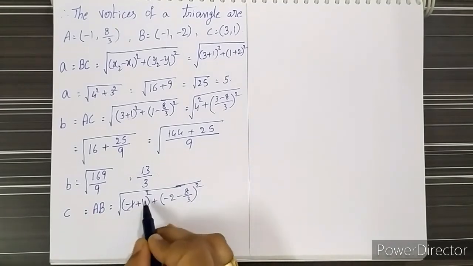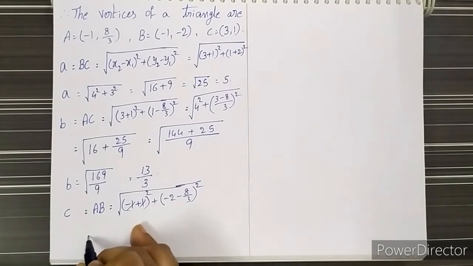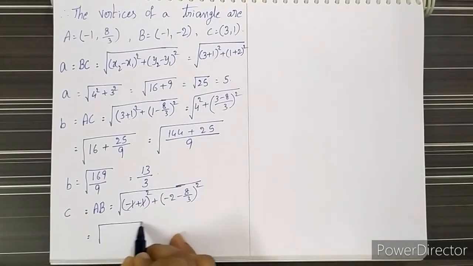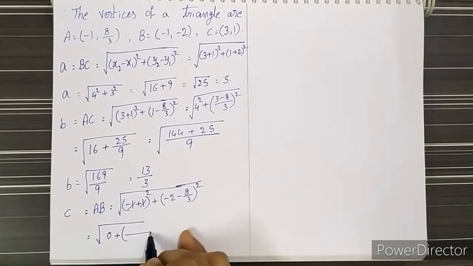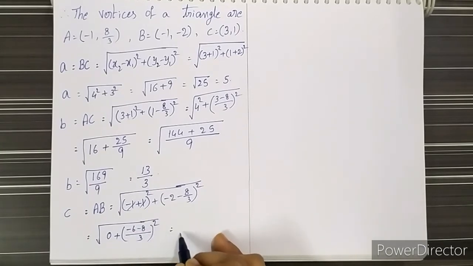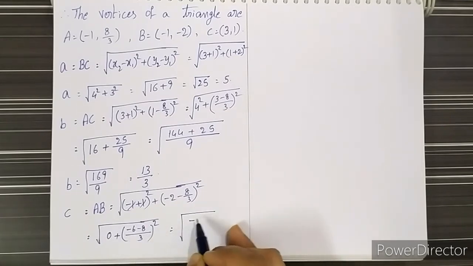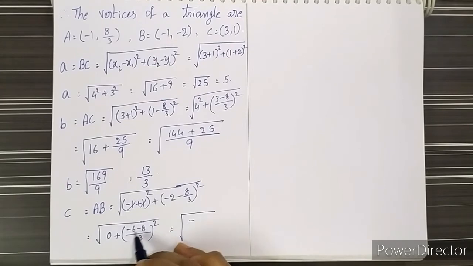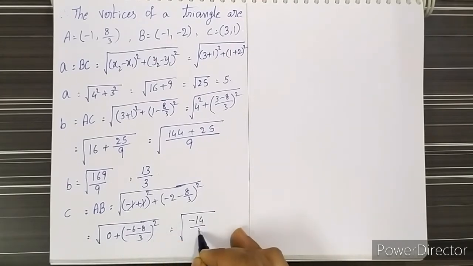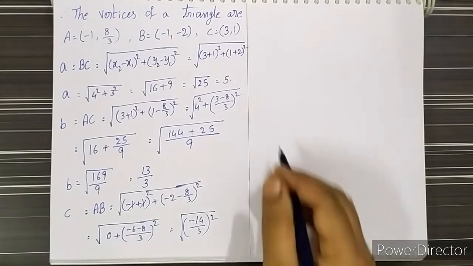Then minus 1 plus 1 gets cancelled, that is 0, that is equal to square root of 0 plus, here take 3 as LCM, (minus 6 minus 8) whole square, that is equal to square root of (minus 14 by 3) whole square.